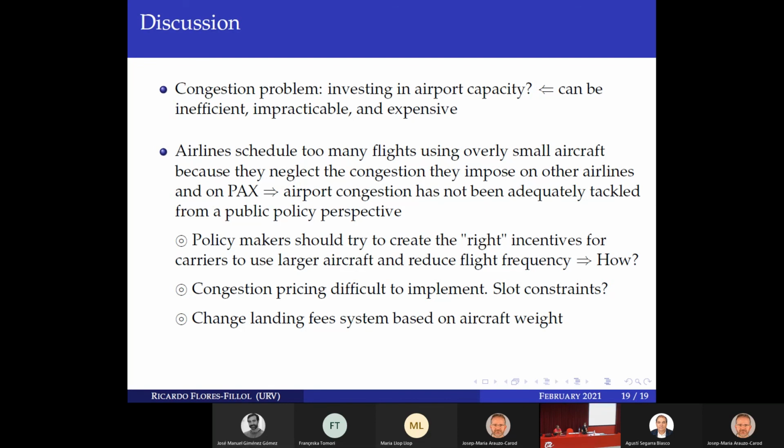So if you have poorer frequency, this disutility increases, of course. So there's a trade-off here. The service quality is lower if you have less frequency. That's for sure. This is a price you have to pay if you want to mitigate congestion.